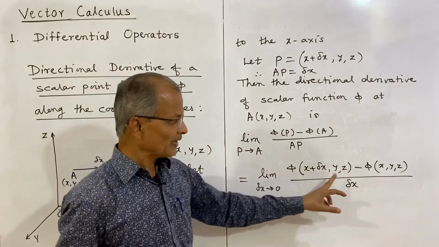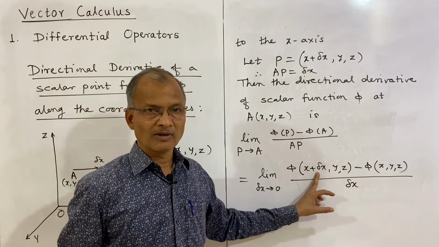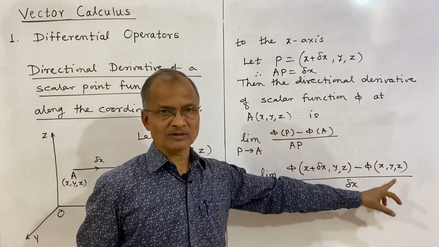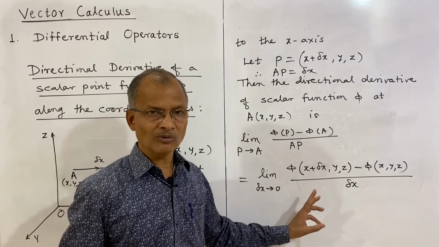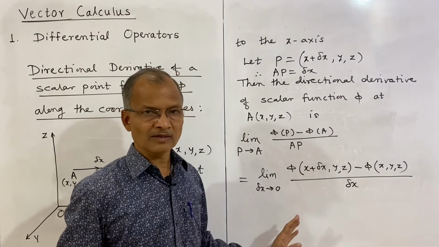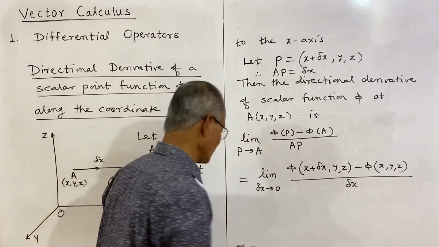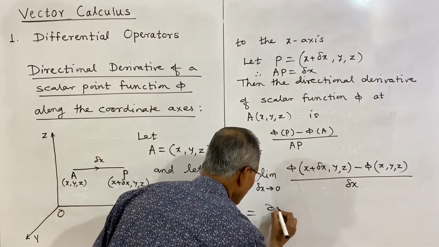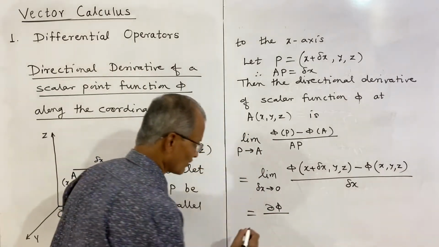This is a function of three variables, and only the x variable changes, while y and z are constants. So this is the derivative with respect to x, keeping y and z constant, meaning it is a partial derivative of phi with respect to x. So this is equal to dou phi by dou x.